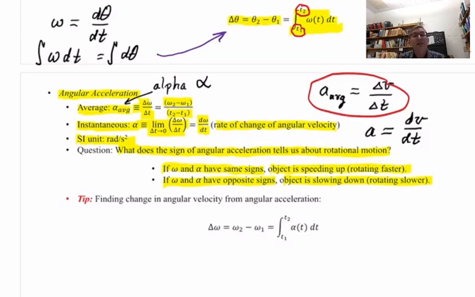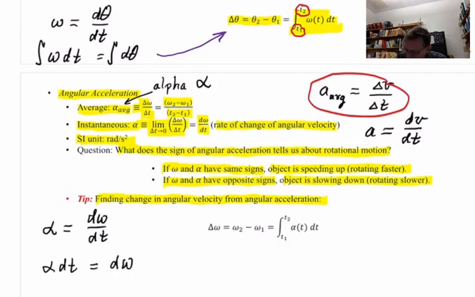And let me give you now the same tip I did on the previous slide. There is a way to find the change in the angular velocity if you know the angular acceleration. And it follows by taking the definition of instantaneous angular acceleration as being the derivative of the angular velocity with respect to time, d omega dt. Multiply both sides by dt. You get alpha dt on the left and just d omega on the right, and then integrate both sides.